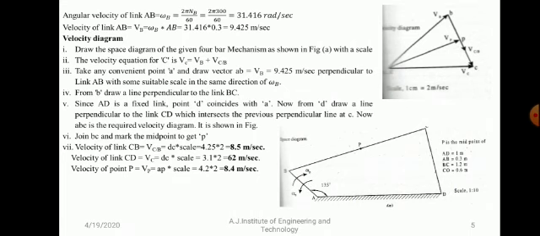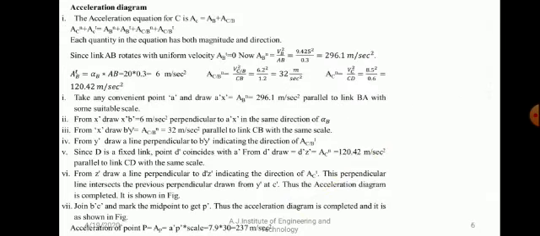Now, how to draw the acceleration diagram? The acceleration equation for C is AC is equal to AB plus ACB.